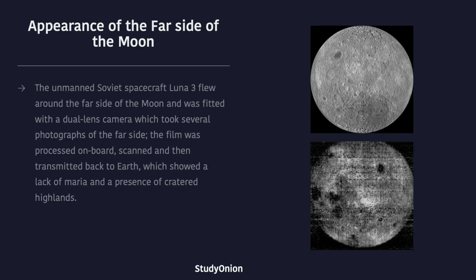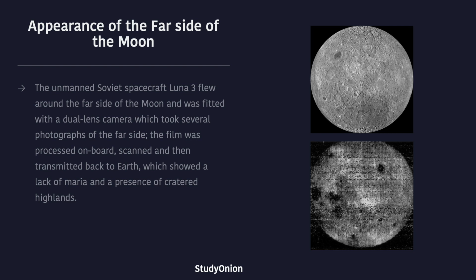But when the unmanned Soviet spacecraft Luna 3 flew around the far side of the moon, fitted with a dual-lens camera which took several photographs, the film was processed on board, scanned, and then transmitted back to the Earth. This showed a lack of Lunar Maria and a presence of cratered highlands, which was highly unexpected at the time.